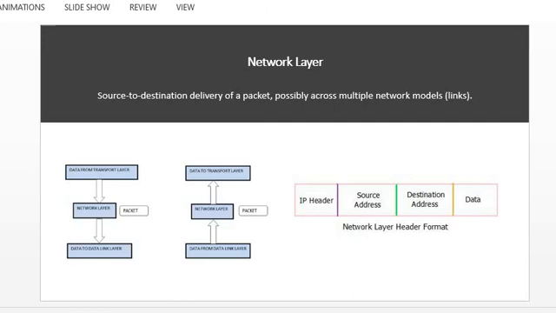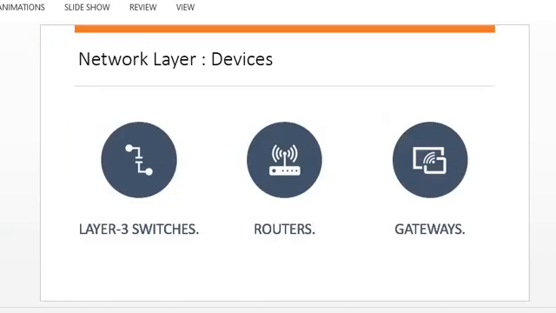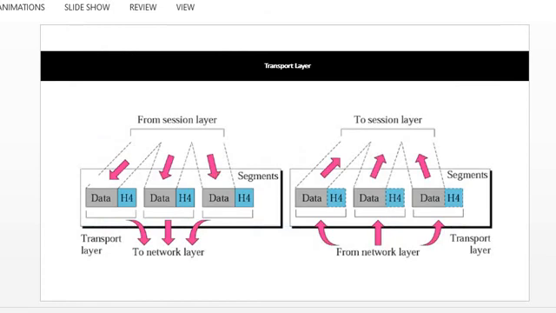And some of the main functions of this include logical addressing and routing, which means this function, the routing function, automatically tells you that a router is a network layer device. Along with switches and gateways, these are some of the devices that are found on the network layer.